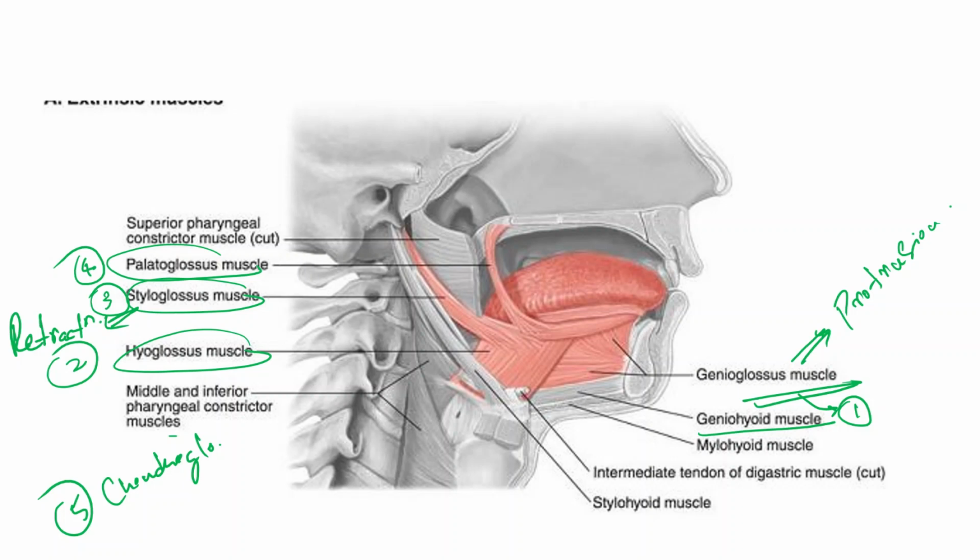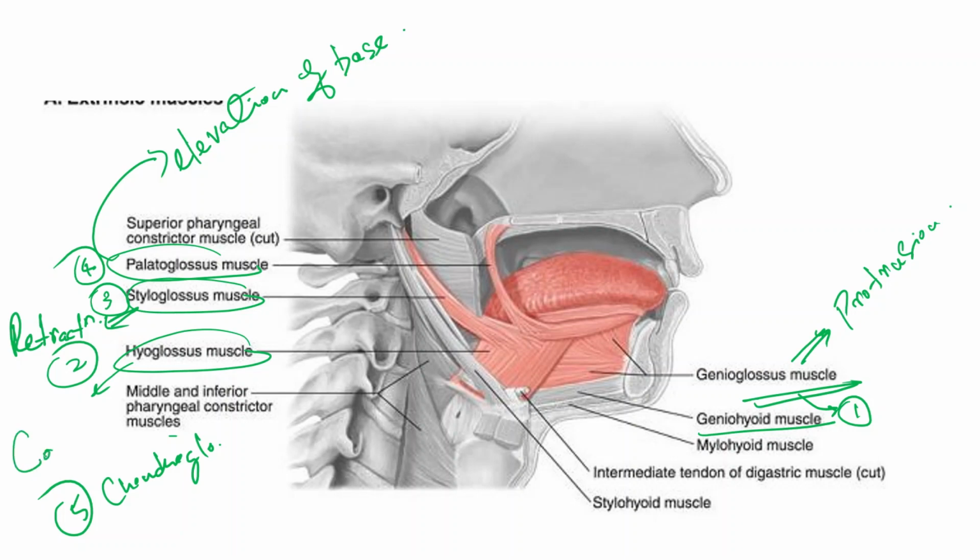The palatoglossus elevates the base of the tongue, thus it narrows the oropharyngeal isthmus. The hyoglossus makes the dorsal surface convex.